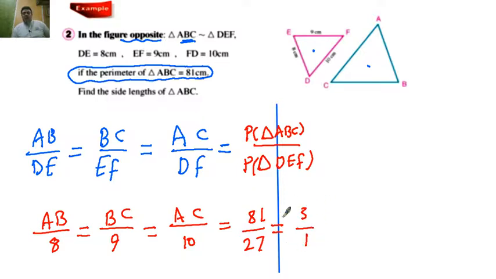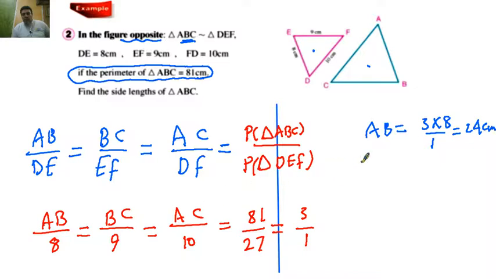Then we take the known ratio with AC to find the length of AC, with BC to find the length of BC, and with AB to find the length of AB. Then AB equals 3 times 8 over 1 equals 24 centimeters.